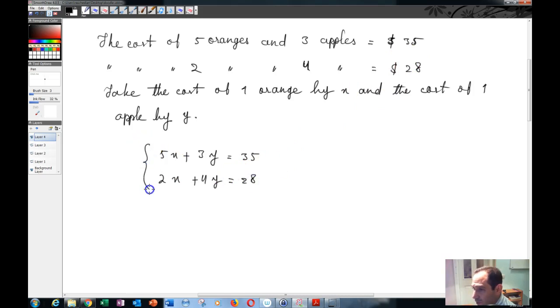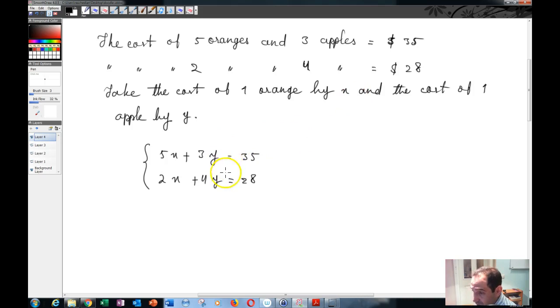That would be a pair of linear equations in two variables that you could solve in order to get the cost of 1 orange and 1 apple. Okay, so that is that.